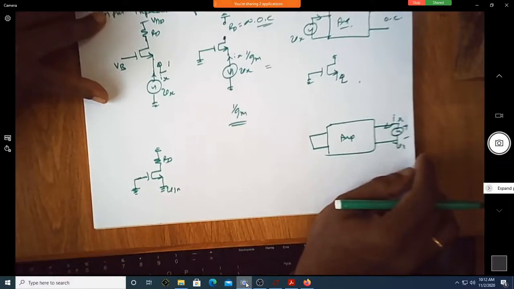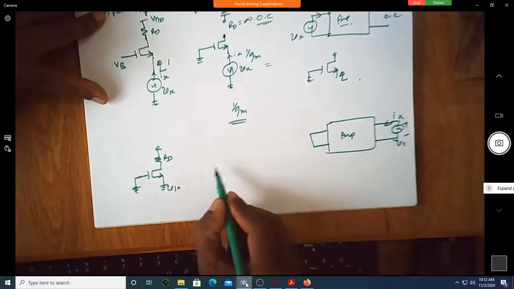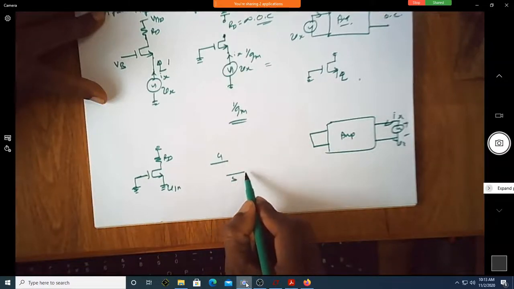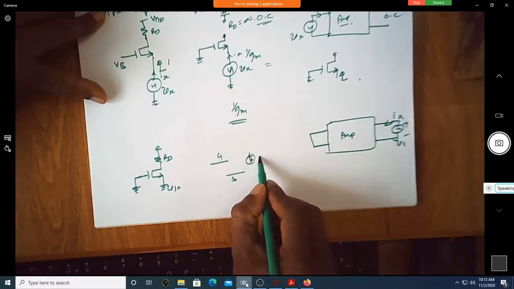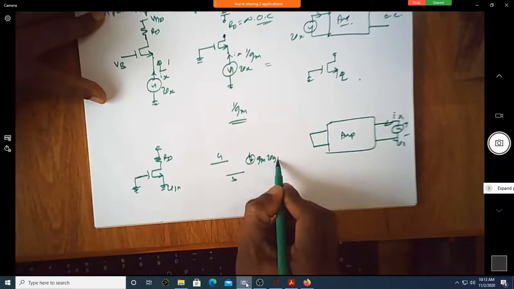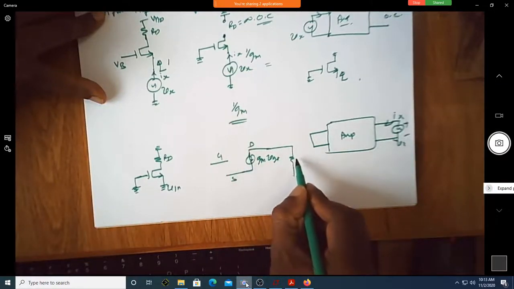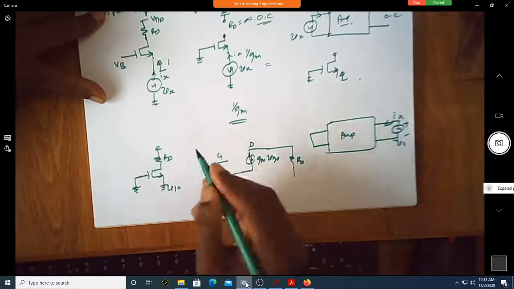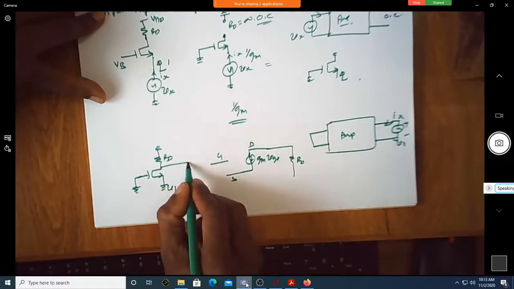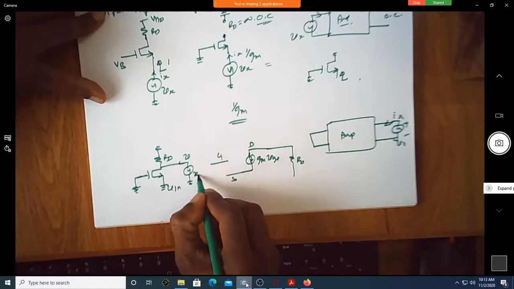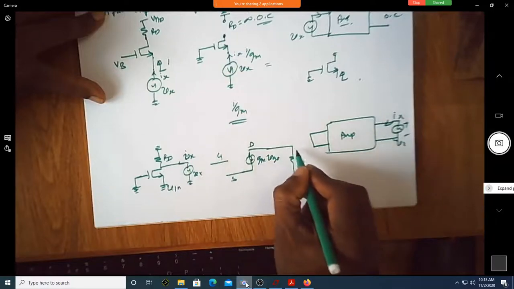Now you write the small signal model. This is gate, this is source, this is gm into VGS, and this is drain. To the drain you have connected RD, and since you want to find the output impedance, you have connected a Vx here, and this is Ix.